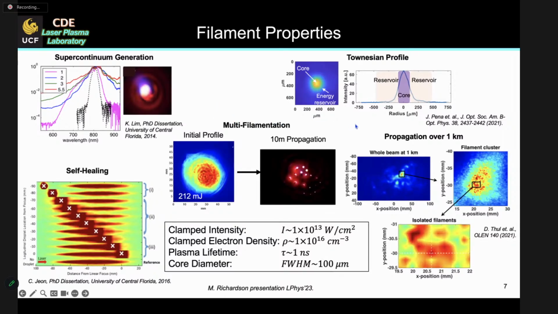Yes, if one can produce a single filament, then it looks like the characteristics I was shown here on the extreme top right. But in most cases, with laser systems that can produce energies much greater than is needed for a single filament, hundreds of times more energy, then indeed we are in the region of the multiple filaments.